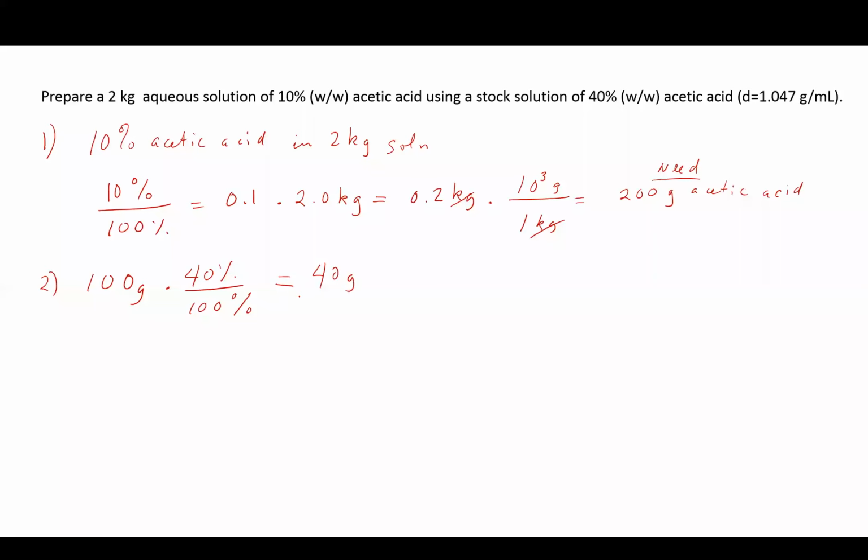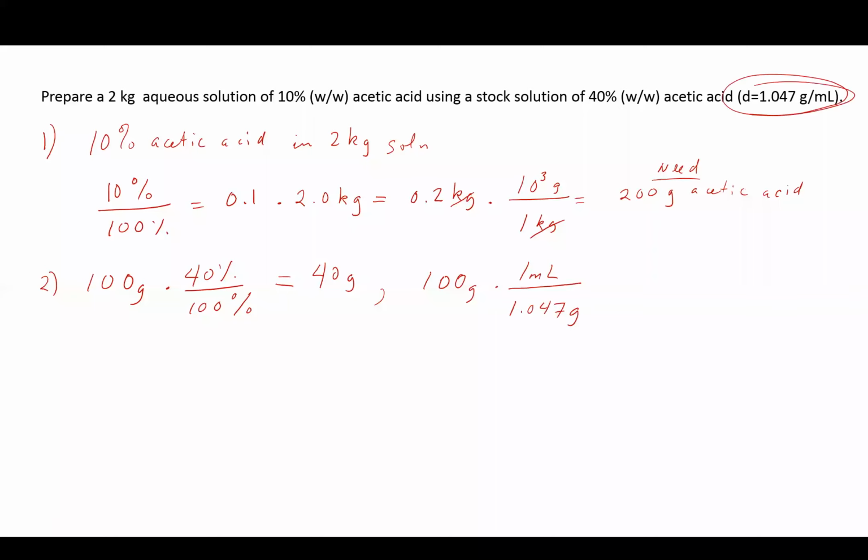Now, what is the volume of 100 grams? How will we determine the volume? This is where we use the density. We take 100 grams of this 40% solution and multiply times 1 mil over 1.047 grams. You might ask where that comes from.